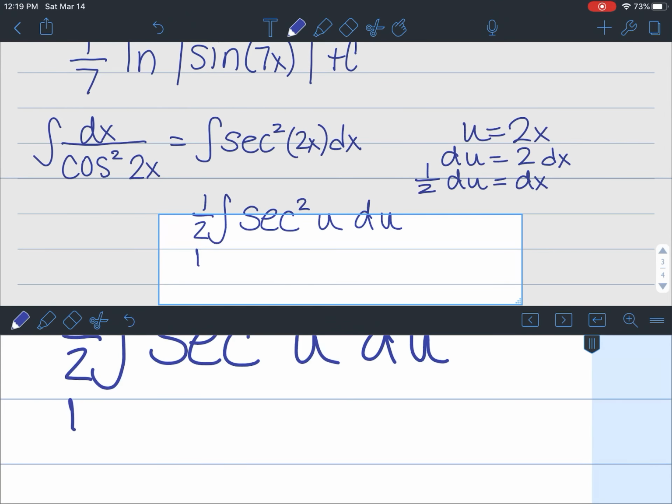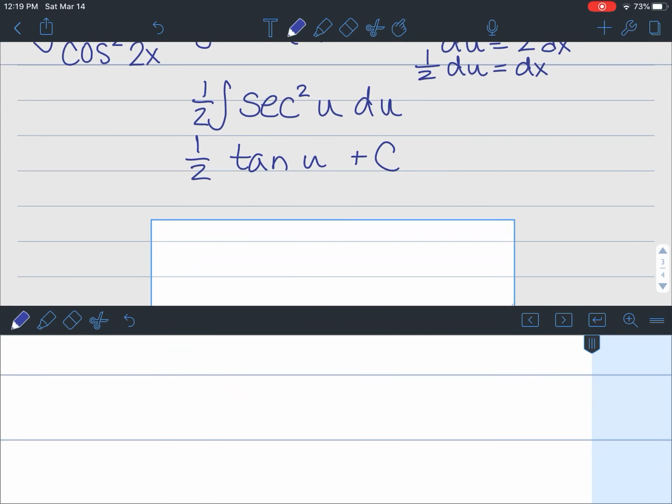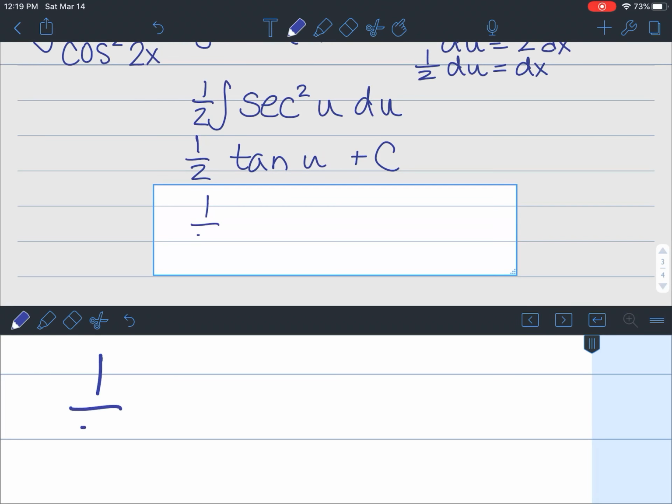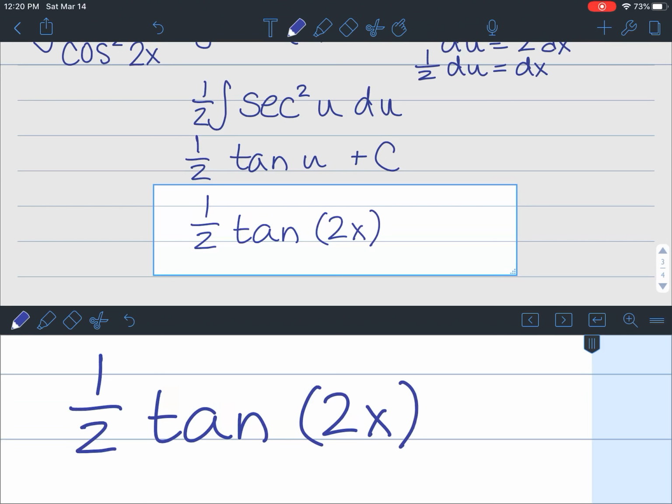So if I integrate secant squared, of course I get tangent u. Don't forget your plus c. And then at the end, don't forget to sub back in. So 1/2 tangent of 2x plus c.